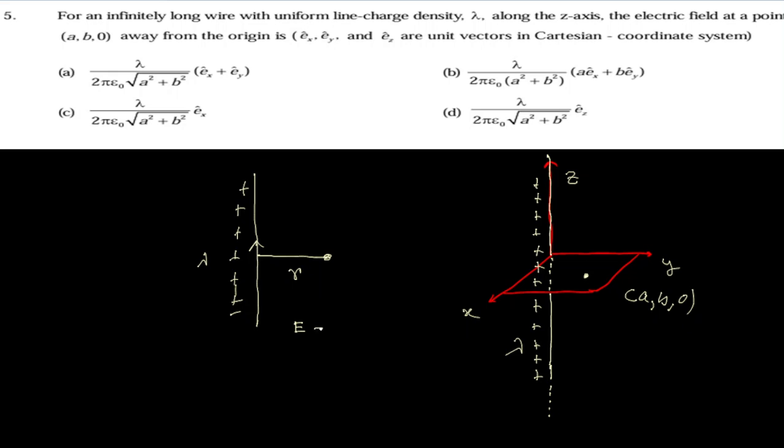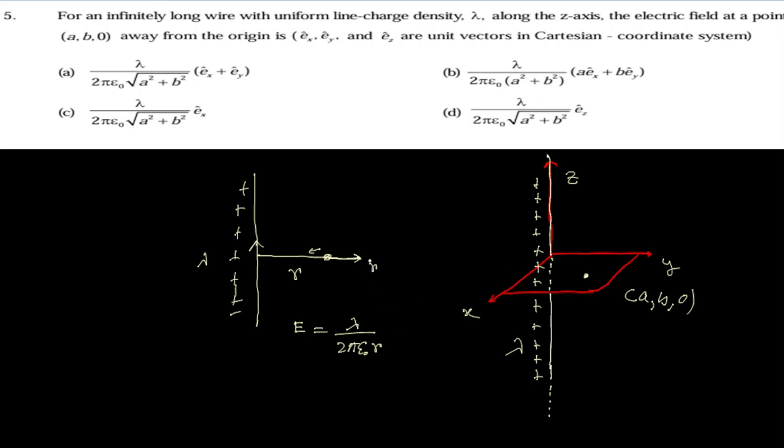The magnitude will be lambda divided by 2 pi epsilon naught r, and the direction will always be perpendicular to the length, away from the wire if the charge on the wire is positive. If the charge is negative, then it will be towards the wire. In this case, it will be away from the wire because it's positive charge.